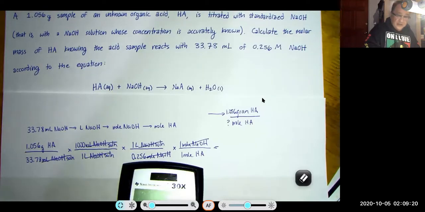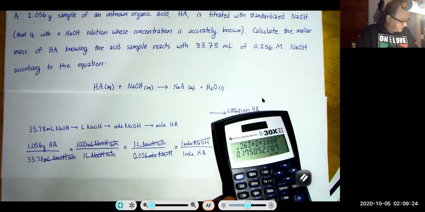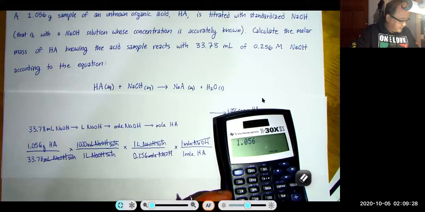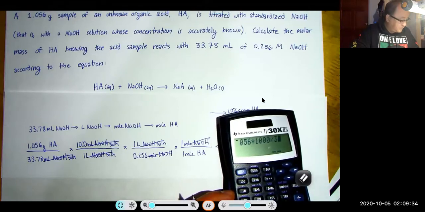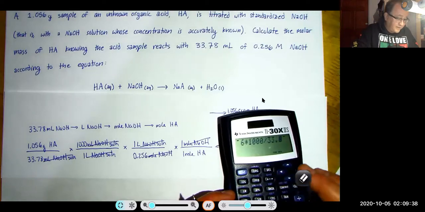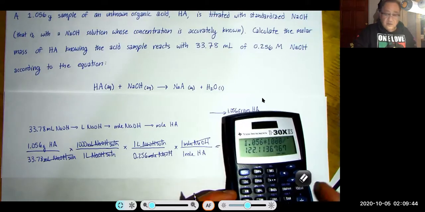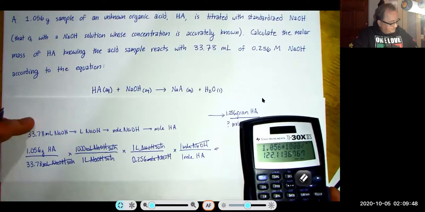Let's see what we get here. So we have 1.056 times 1,000 divided by 33.78, whoops, 78, and also divided by 0.256. And we get 122. Our guess was like 125 or something like that.